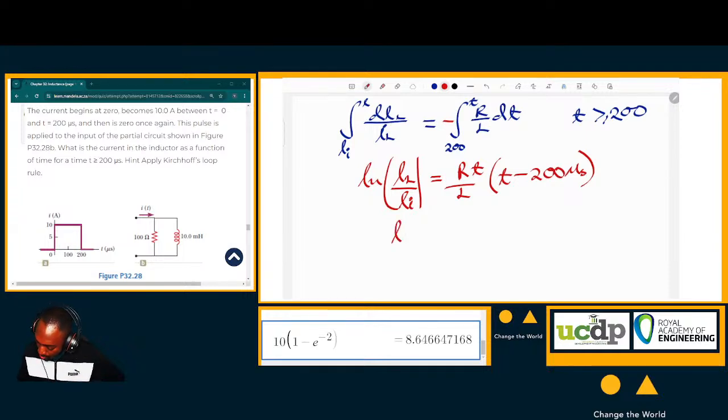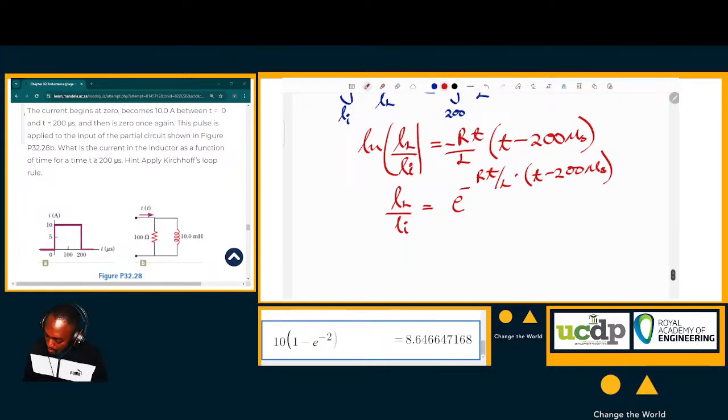I introduce the exponential. That will be inductor L over I equals e to the power of negative RT over L multiplied by T minus 200 microseconds.